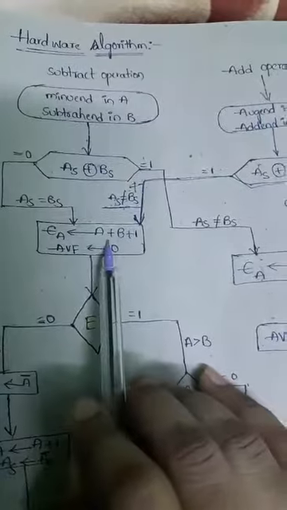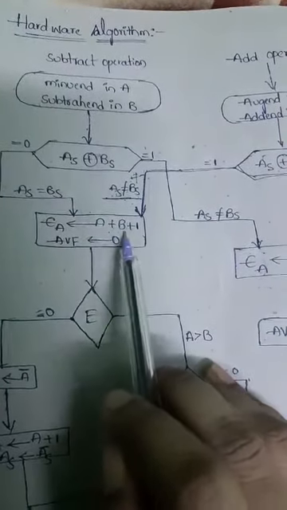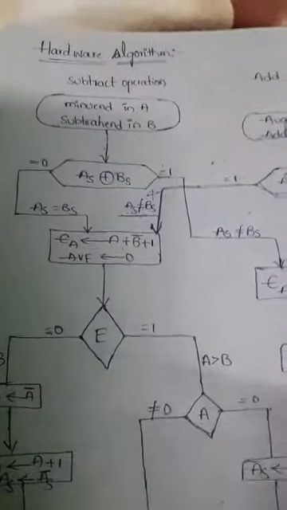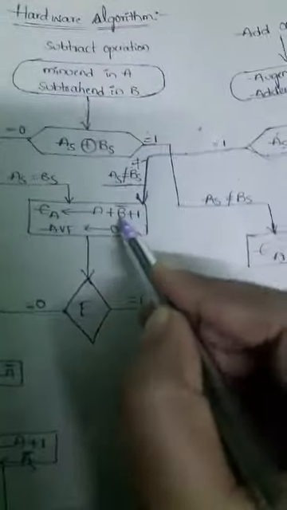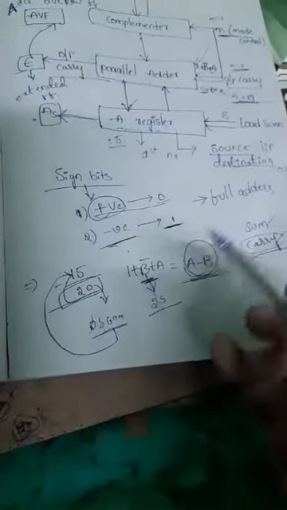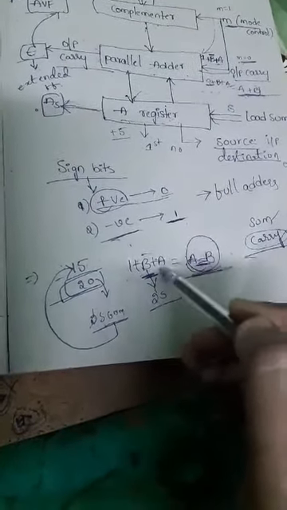Here we are performing the subtraction operation, which is nothing but A plus B complement plus 1. You already know how we perform the subtraction operation: A plus B complement plus 1. So we will go with this procedure.